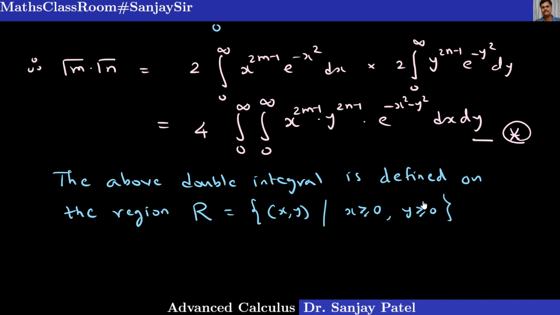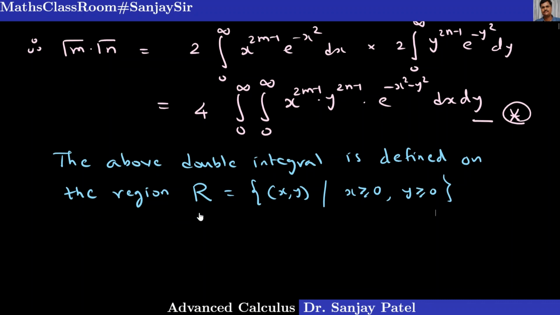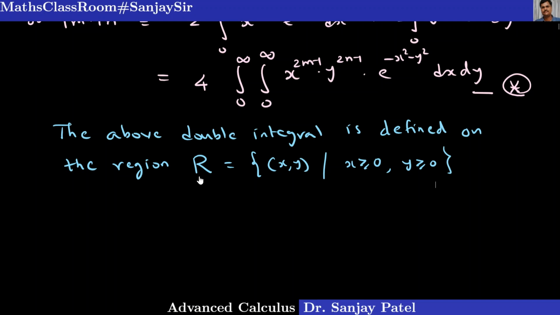So x varies from 0 to infinity and y varies from 0 to infinity. So the region of integration is nothing but the first quadrant.